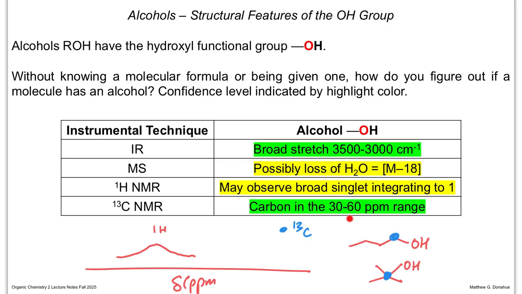That's kind of a unique range that's giving you the indicator that C is bonded to O. Because we are in oxidation state 1, you would have to use the IR to determine, is that carbon belonging to an alcohol or is it belonging to an ether? And the OH group in the IR is what tells you the difference.